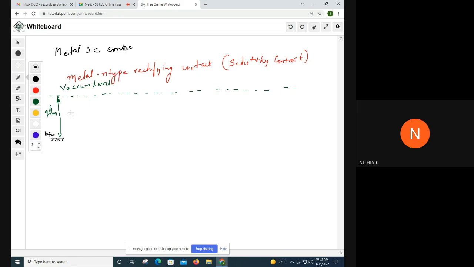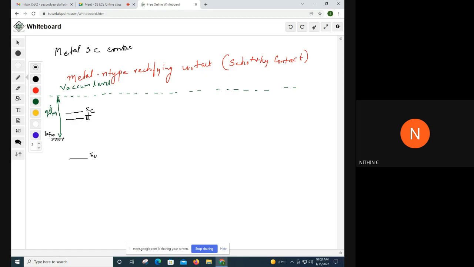So we know how to draw the n-type semiconductor. I am drawing it like this. I am drawing EC over here, and I am drawing EV somewhere around here, downward. Okay. And since I have mentioned n-type semiconductor, on the right side of the metal we will be having the Fermi level which is closer to the EC.